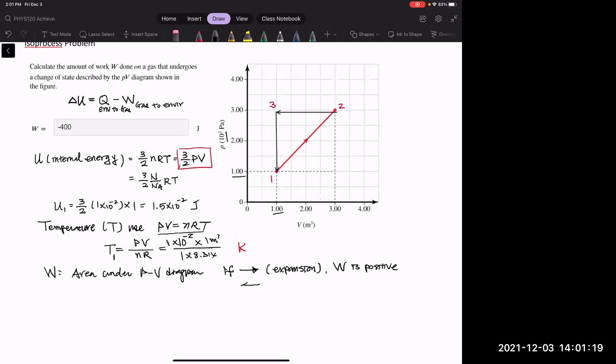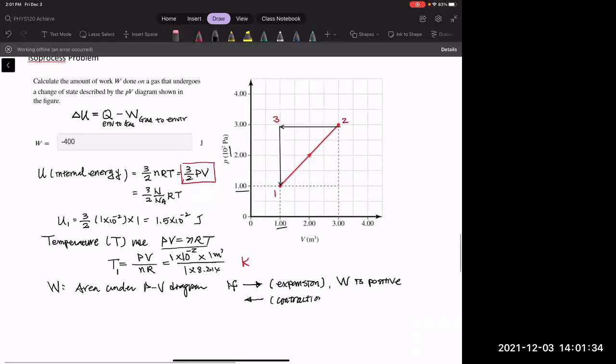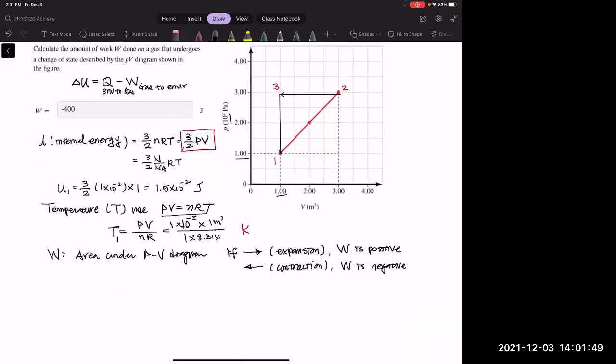If the arrow goes to the left, this is a contraction. When this is a contraction, the work is negative. Okay, so with that in mind, another thing you need to know is, either you use the area or you use this equation.